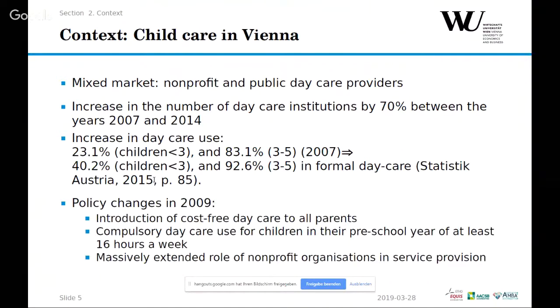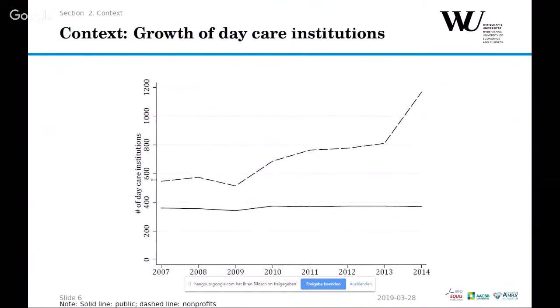Also, there were some policy changes in the year 2009. First of all, daycare became cost-free to all parents, and attendance has become compulsory for children in the preschool year. Also, the role of nonprofit organizations in service provision was massively extended, which you can also see here on this slide.